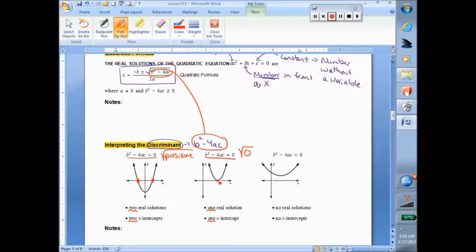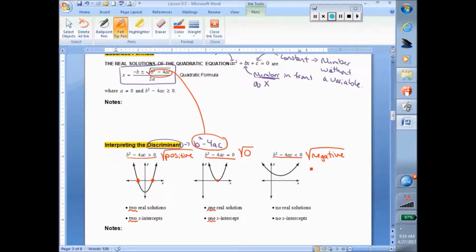Our third and final option with the discriminant is that it's less than 0, or in other words, our discriminant's negative. Now when we think back to all the solving we've been doing involving square roots, whenever we try to take the square root of a negative, we'd put it in our calculator and we'd get an error. Remember, the square root of a negative is not a real solution.